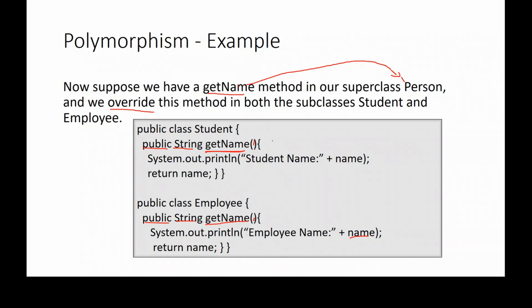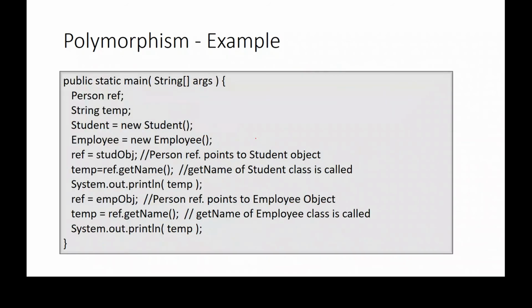This is called override. Okay, so in the main program, when we did the same thing here, we say the Person reference points to the Student. Now you say temp equals reference.getName. Which one will be called, the one in Student or the one in Person?